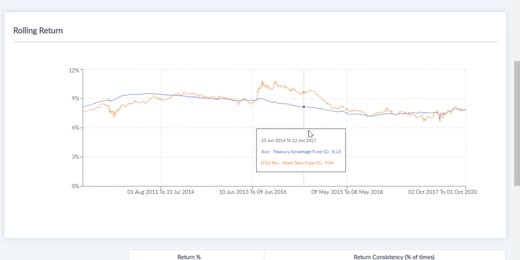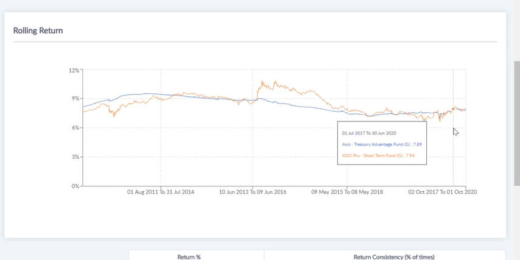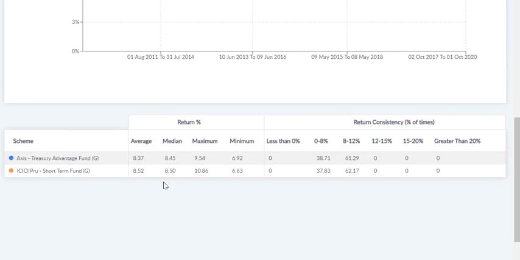Now you see the graphs have become much smoother. So you see the minimum return is now 6.92, then here it is 6.63. Now you see the maximum is 10.86 and this maximum is 9.54, with the median returns 8.45 and 8.50.